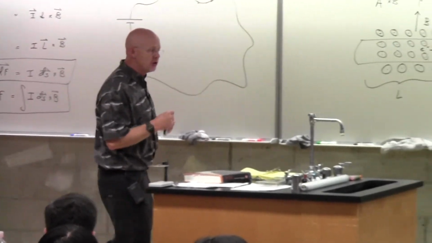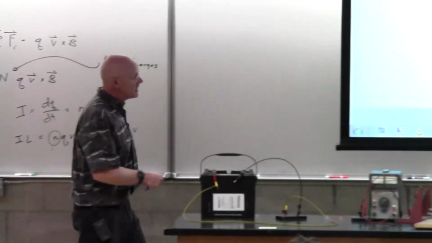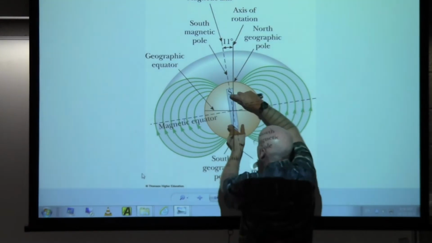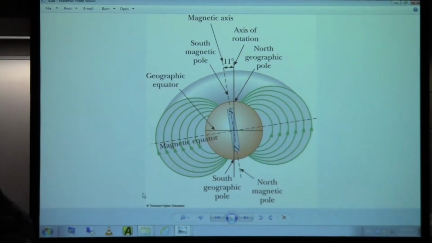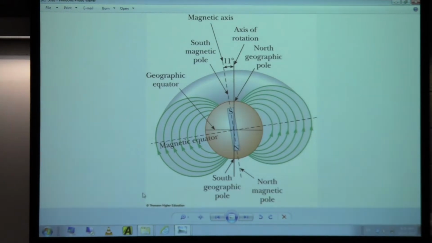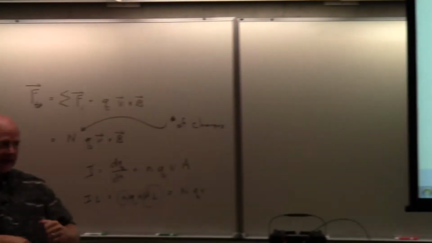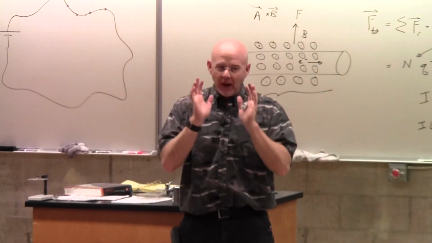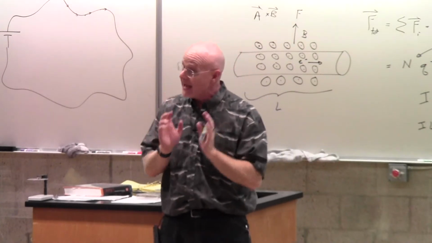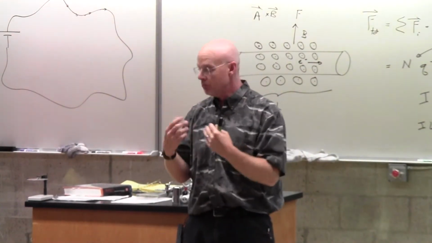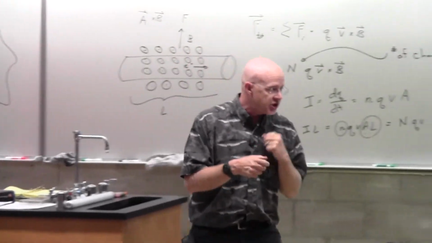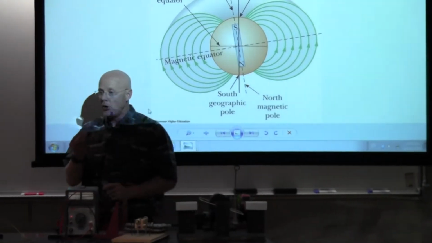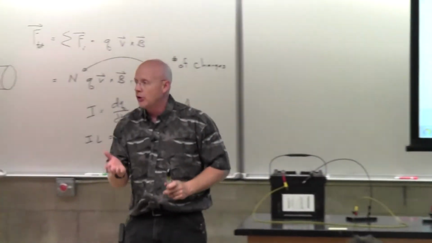And so what I want you to mentally have in store is that if this is the Earth right here, you can think of inside of the Earth as a magnet. Now, I'm not trying to say that centuries ago some aliens came and dug a big hole and put a bar magnet there and buried it and left, okay? But what I am trying to say is all magnetism comes from moving charges. And without getting too much into Earth science here, we do know that the center of the Earth is a molten core. And we also know the Earth is spinning.